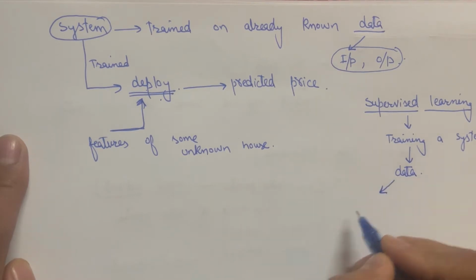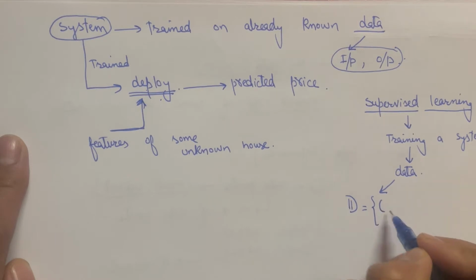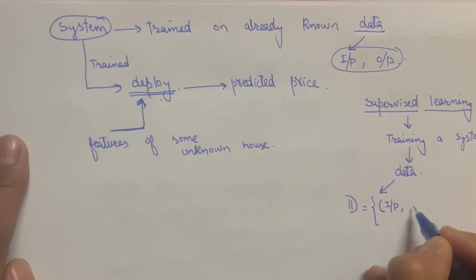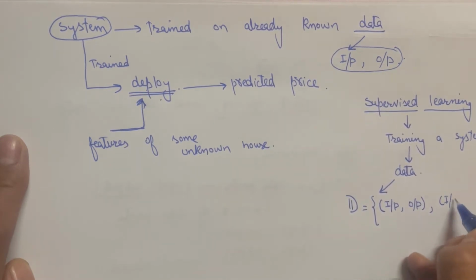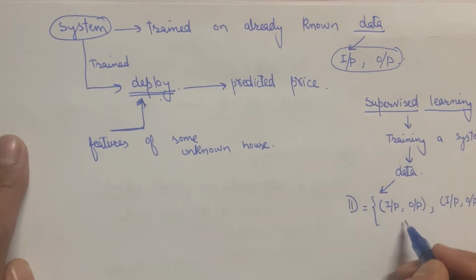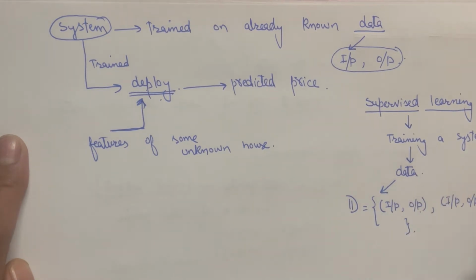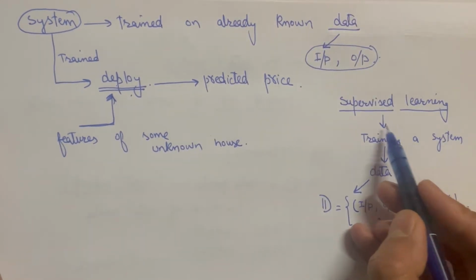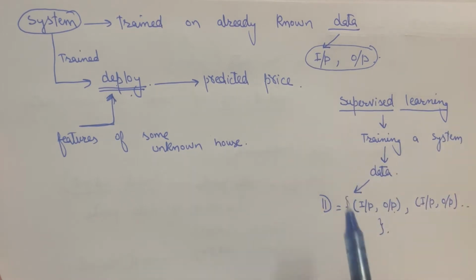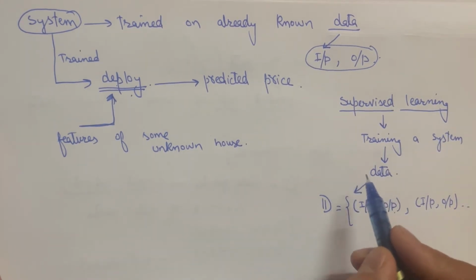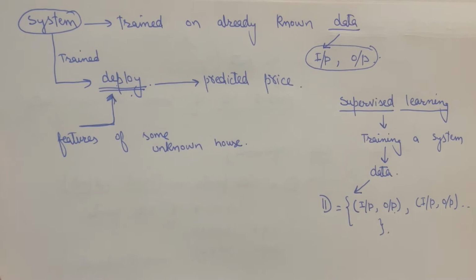The features of this data set are that it will have multiple data points which have been given input as well as output. So we will have m number of such data points. We know their input as well as output. After training the system, we will deploy it to predict the output of some unknown input.